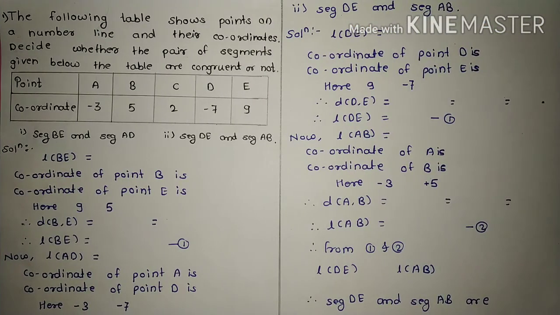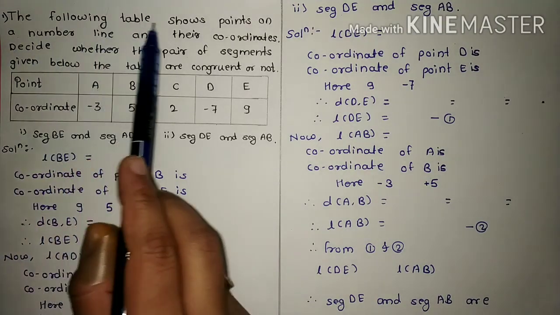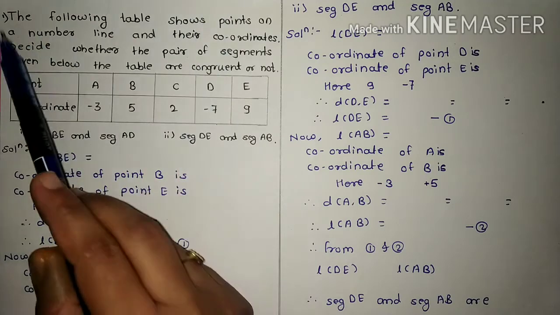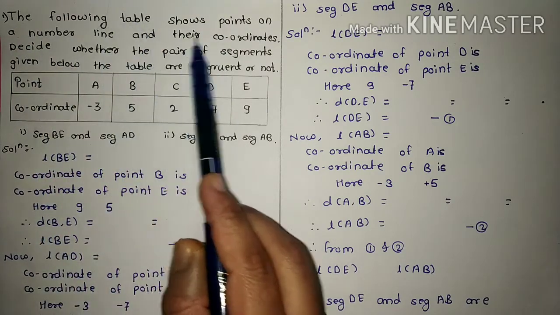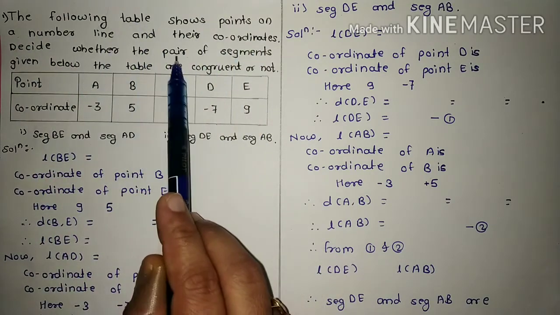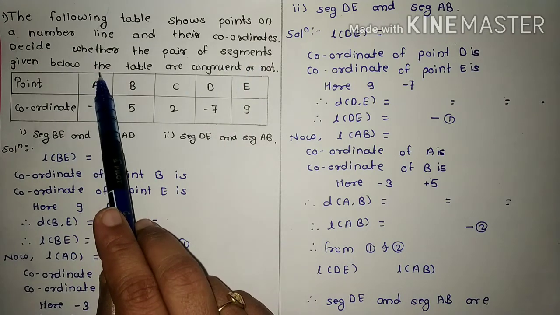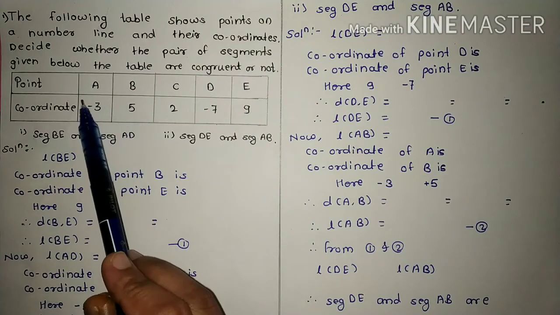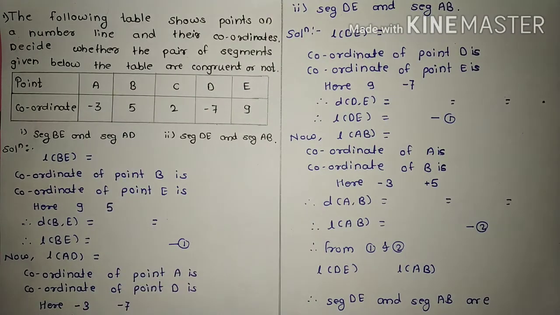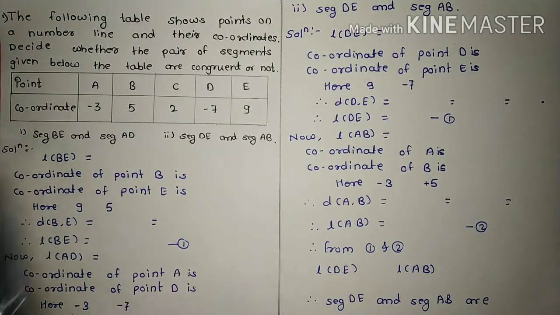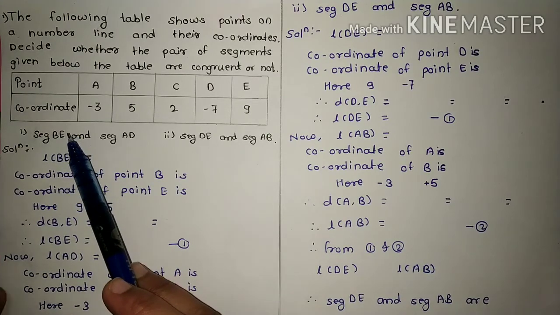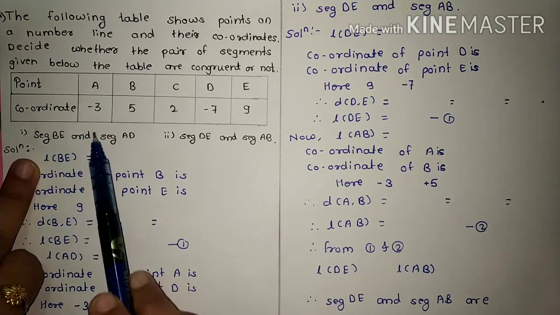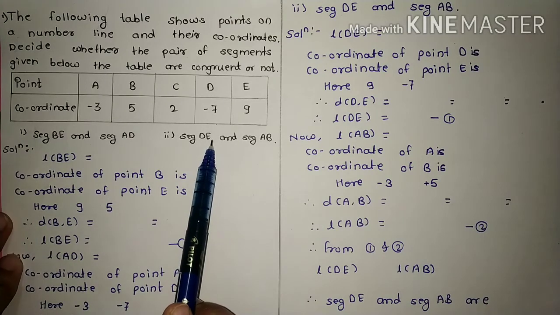Now we will see some examples in practice set 1.2. First example. The following table shows points on a number line and their coordinates. Decide whether the pair of segments given below the table are congruent or not. In this table, points and their coordinates are given and we have to decide whether these two pairs are congruent or not.